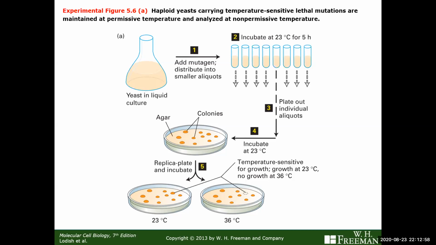In the glucose pair at 23 and 36, they will grow well in both cases. So they do not have a generic defect. Generic defect meaning they can grow in the presence of glucose, even at lower temperature and at higher temperature.